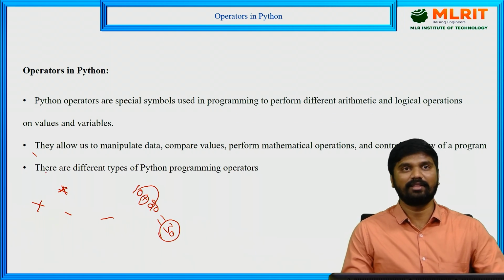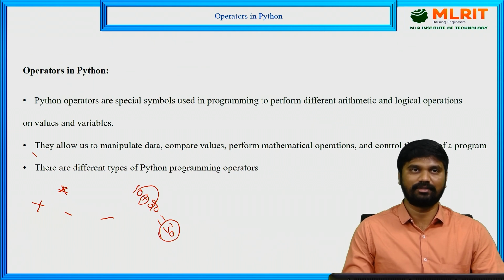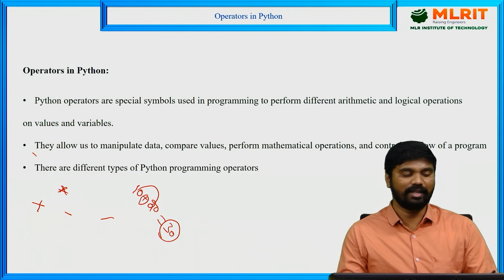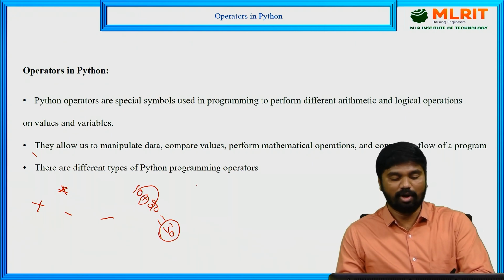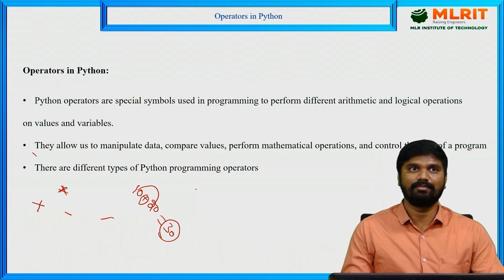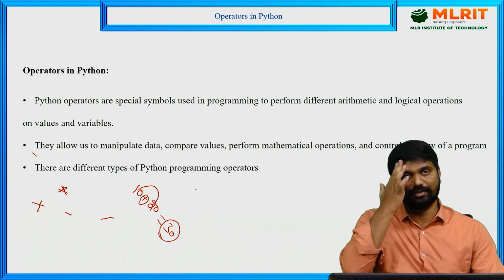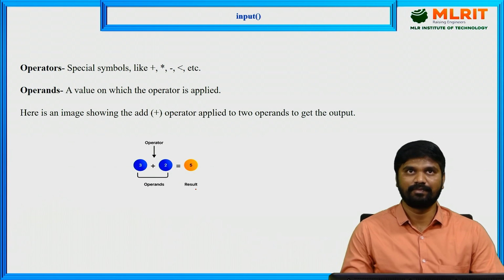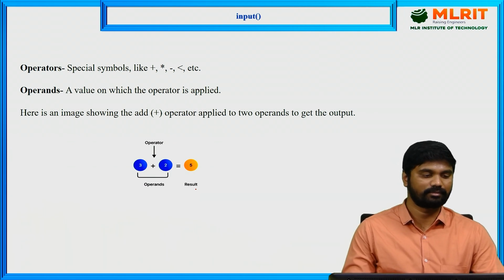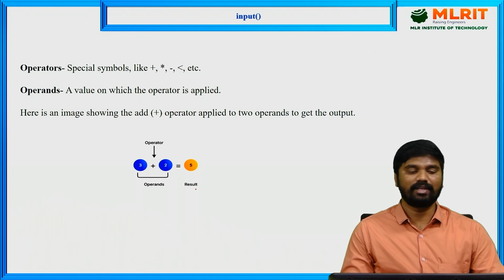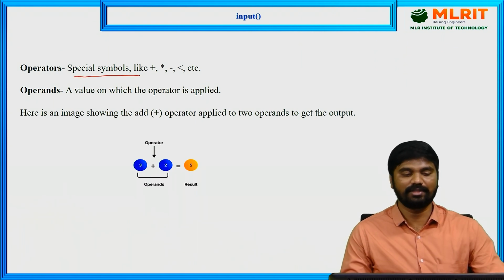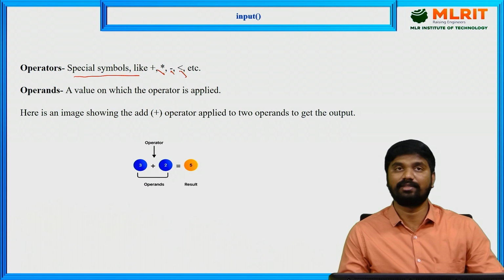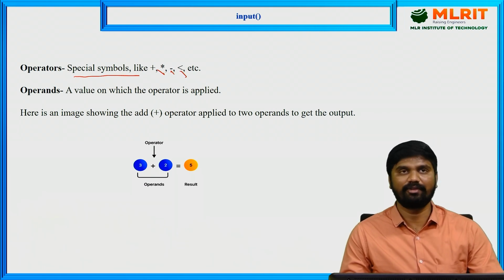Next, Python provides different types of operators. To revise, an operator is a symbol which is used to perform operations. Before discussing the types, as we discussed just now, an operator is a special symbol like plus, multiplication, subtraction, or the greater than and less than symbols.